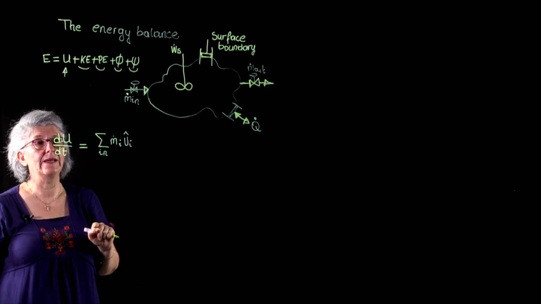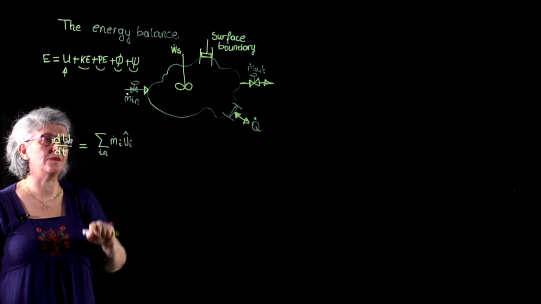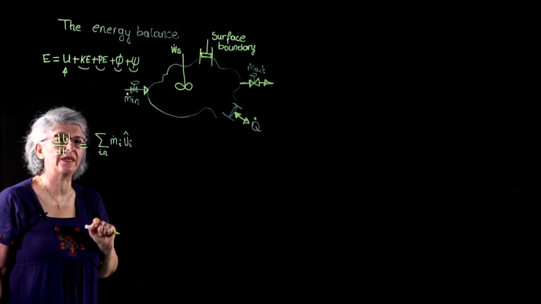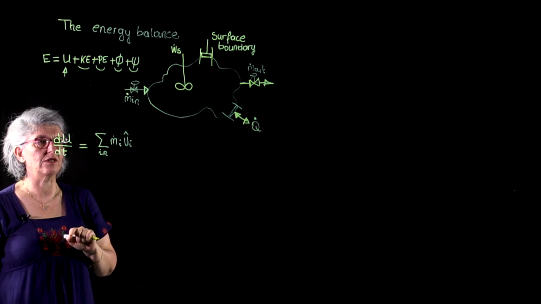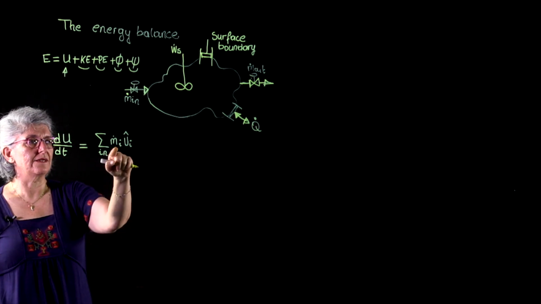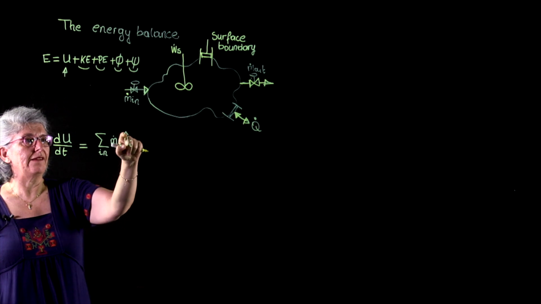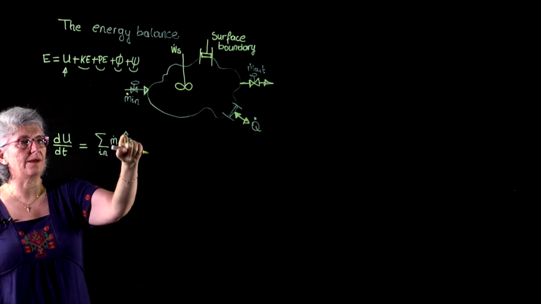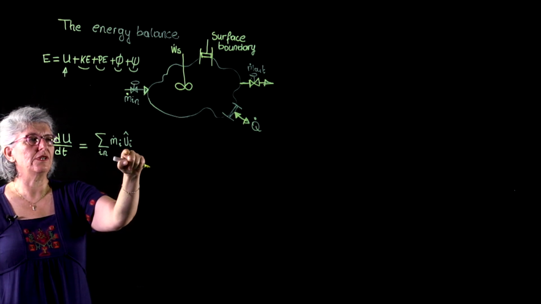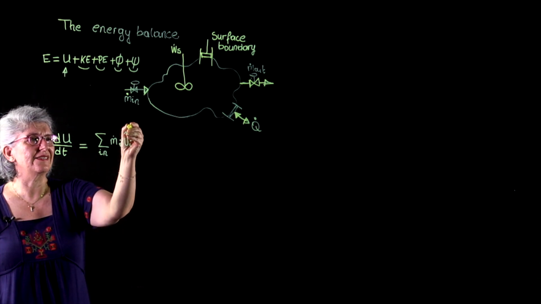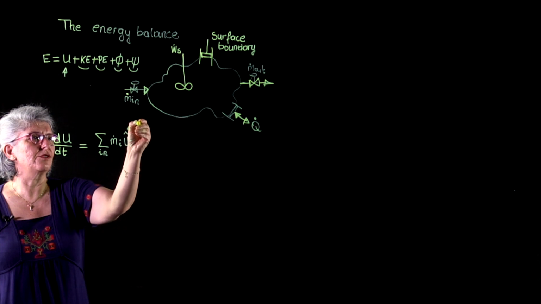We can have infinitely many streams that are crossing through our system boundaries. So we're going to use the summation term to have the most general form. This is the mass flow rate. When we put a hat on top of the internal energy term, it is going to imply that this is energy per unit mass.